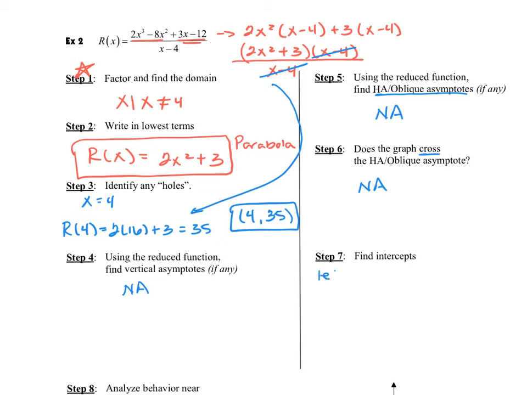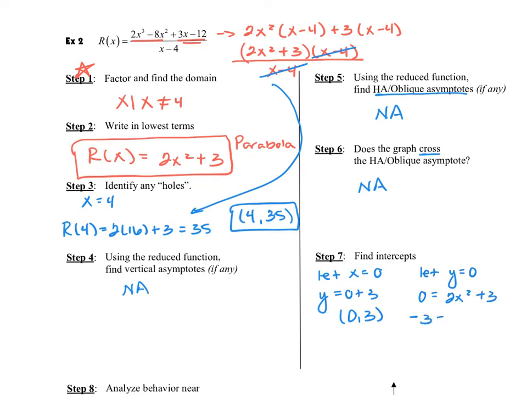So we can still let our x equal 0 and get y equals 0 plus 3. So we'll have a y-intercept of (0, 3), which should already make sense because we have a parabola that's been shifted up 3. Then we're going to let our y equal 0. And if y is 0, we're going to have 0 equals 2x squared plus 3.